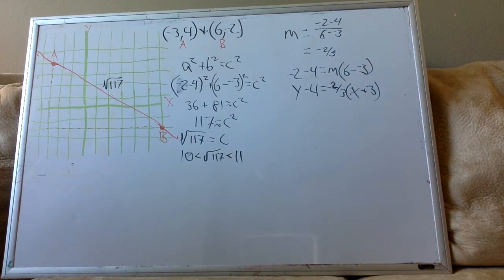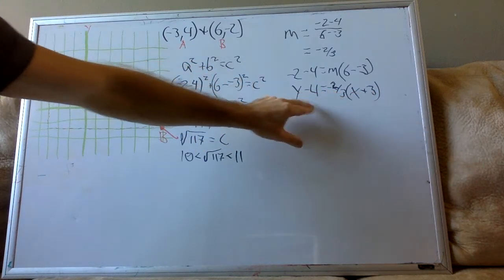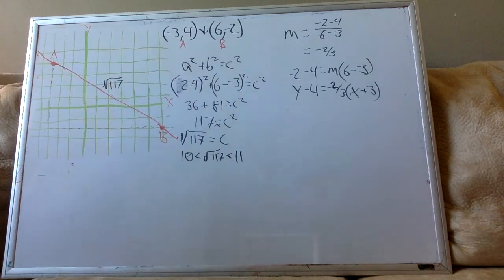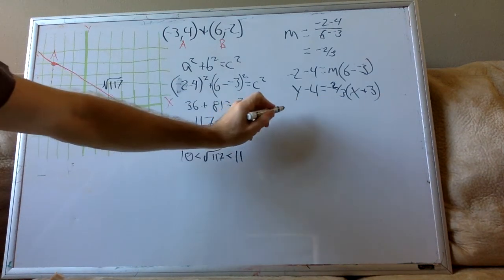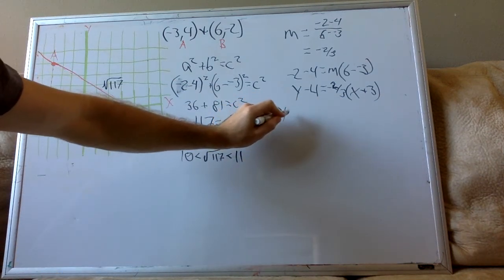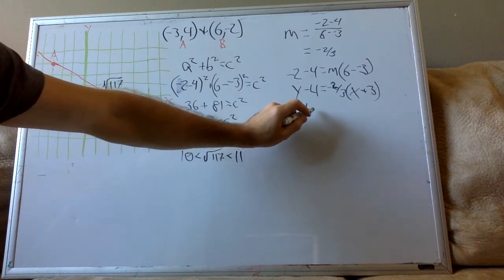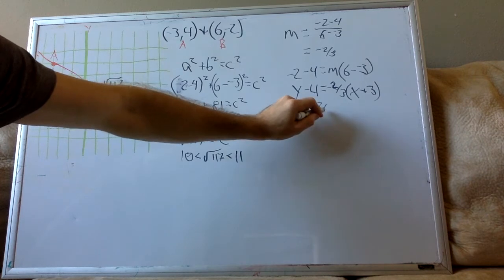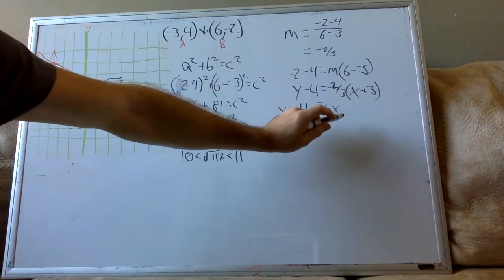So I've created what we call the point slope form, because I used a point, negative 3, 4, that's our point A, and I used the slope. Now I can simplify this. I can distribute, and I'm going to move over my 4 here as well, so I'm adding 4, and I'm going to distribute, so I get negative 2/3 x, and then negative 2/3 times 3.